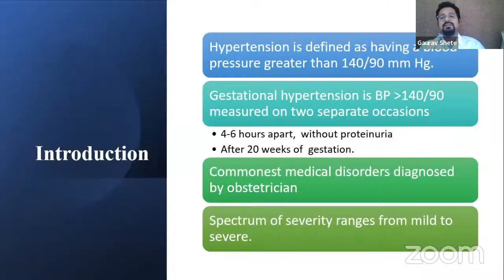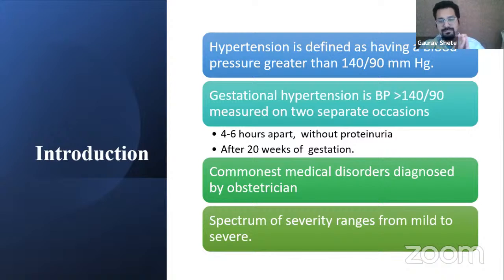Now, the definition of hypertension in pregnancy and in general is the same. But hypertension in pregnancy is always a dreaded complication, usually called the worst nightmare an obstetrician can ever encounter, because the sequelae which take place are not the same as those in a non-pregnant patient.